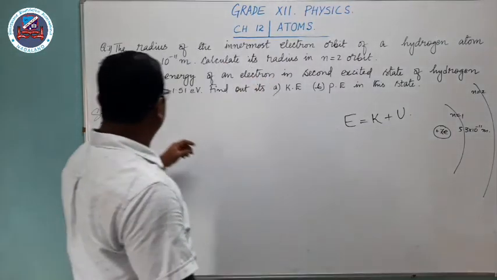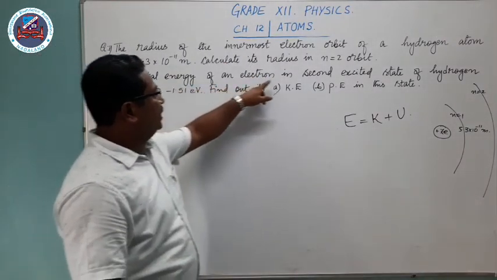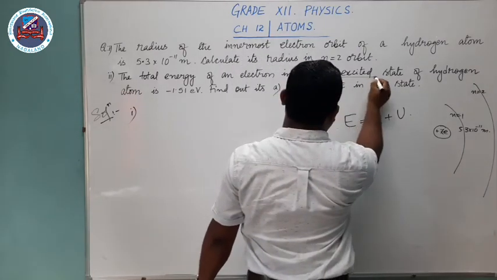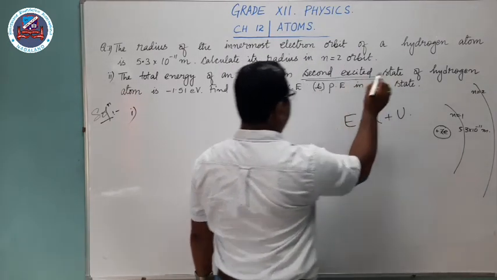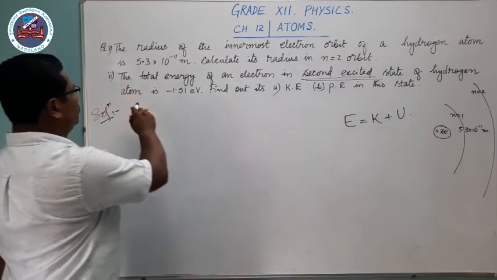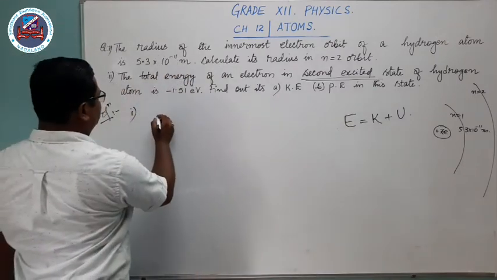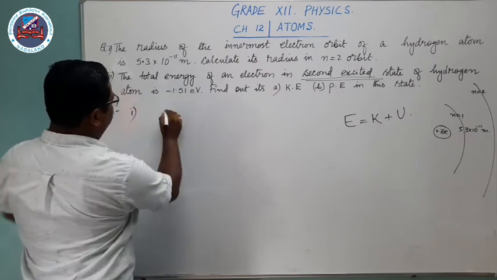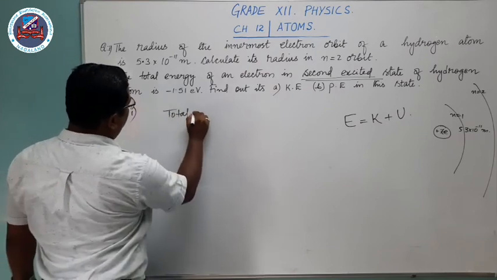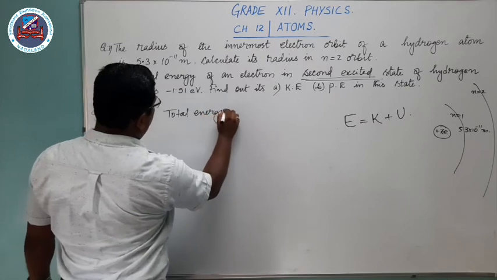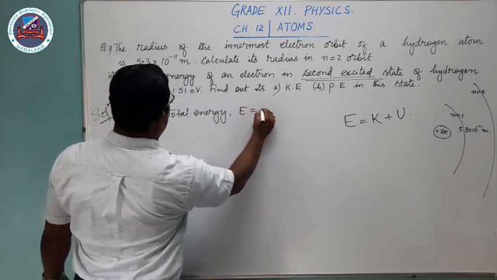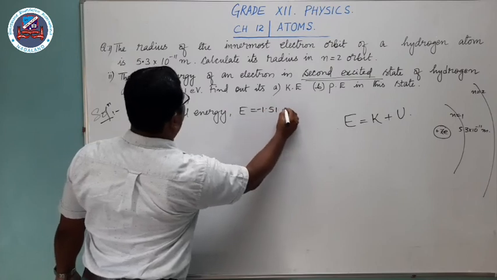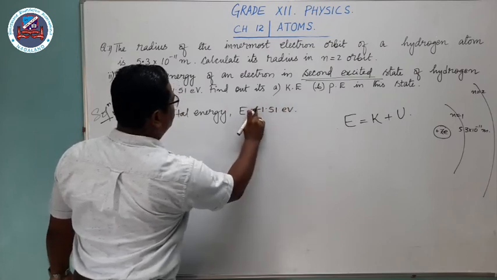So if you look here, the total energy of an electron in the second excited state of hydrogen atom is given as E = -1.51 electron volt.